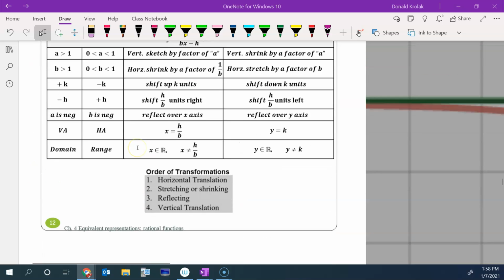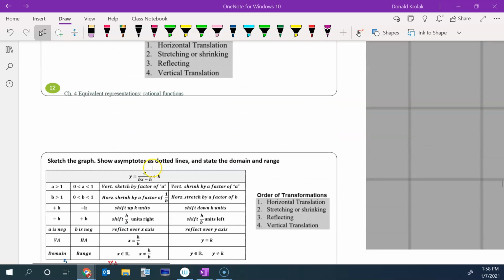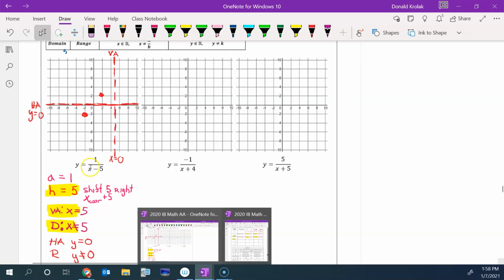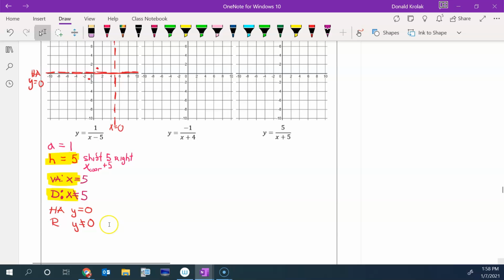So in our original function, the mother function goes through 1, 1, goes through this point right here, 1, 1, and it goes through negative 1, negative 1. Now all we're going to do is move these points and then use those to graph the equation.